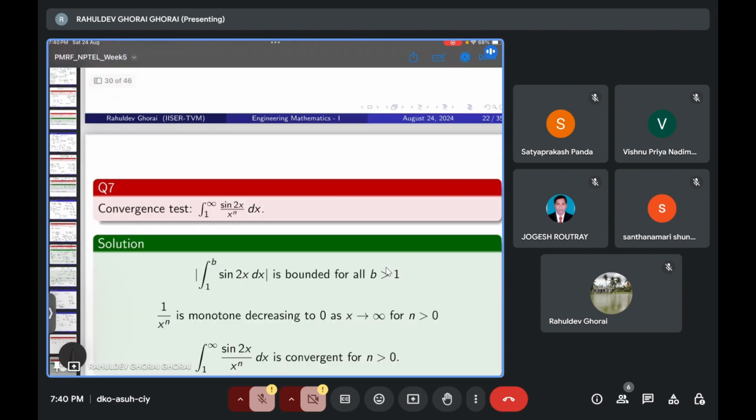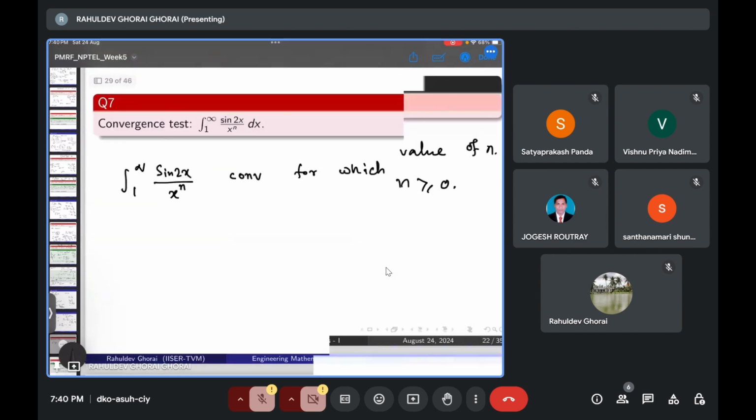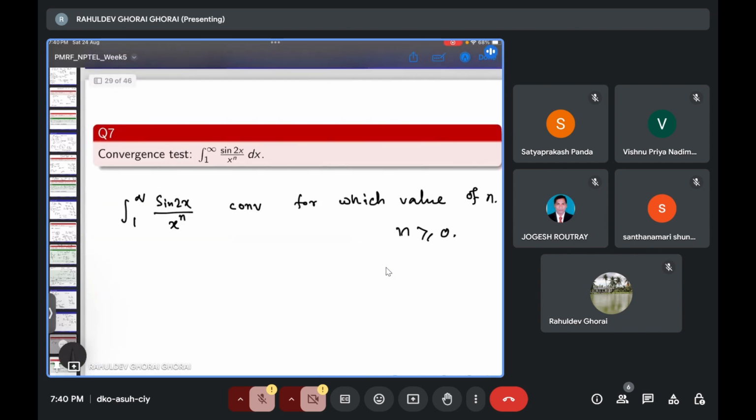So the answer is there. Okay, so we'll use something called the Dirichlet principle to prove that this is convergent.